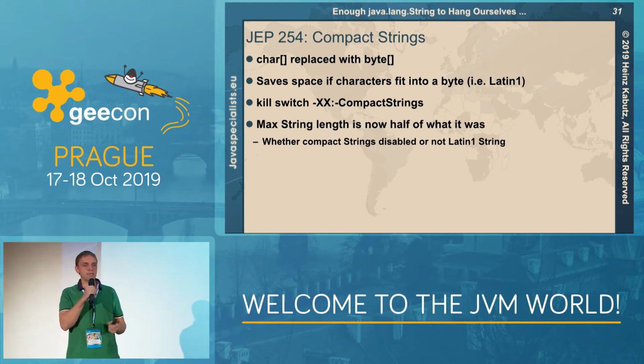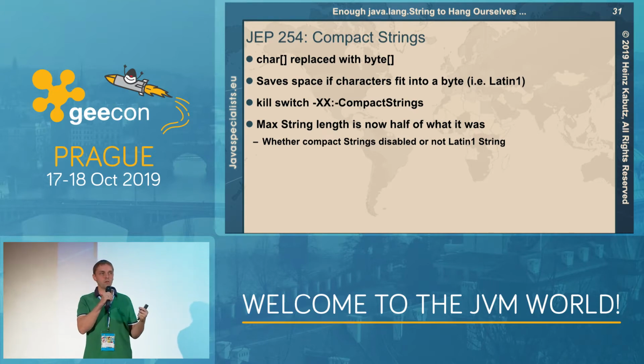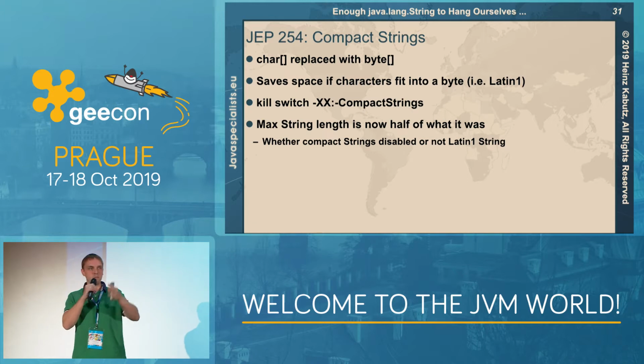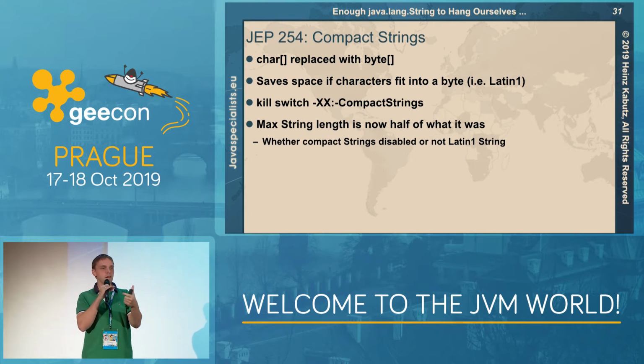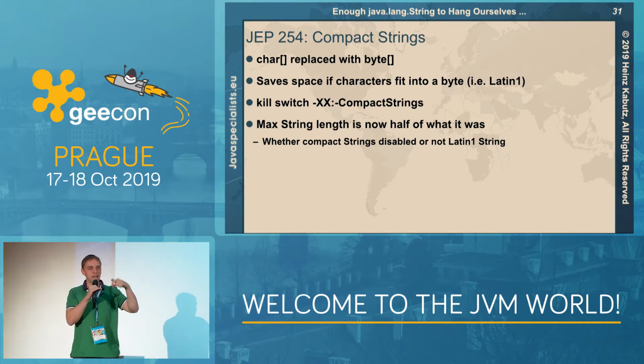Another one is that every time a string is constructed and compact strings are enabled, it tries to compress on the fly. If you recall, all the API that we have is backward compatible. As we heard today, that's a mantra in the Java world: everything must be backward compatible. So if you create a string from a character array, it will try to compress it. It will allocate a byte array and start copying characters as single bytes.